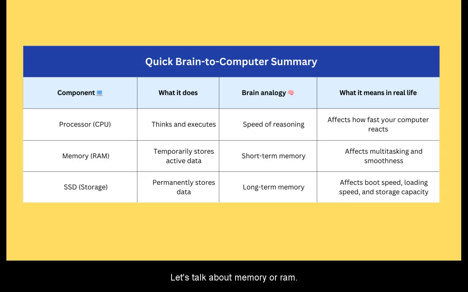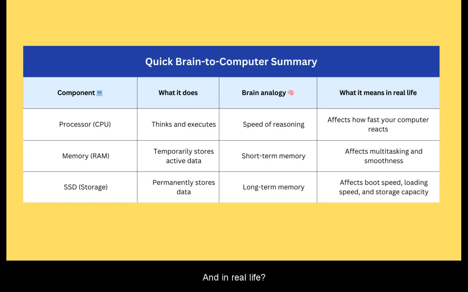Let's talk about memory, or RAM. RAM is where your computer temporarily stores active data, everything you're using right now. So what's a brain analogy? RAM works like your short-term memory. This is what your brain uses to hold things for a short period of time, like your to-do list, something someone just said, or the instructions you're following right now.